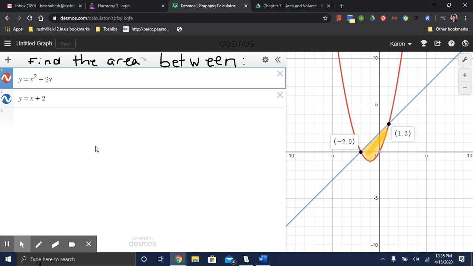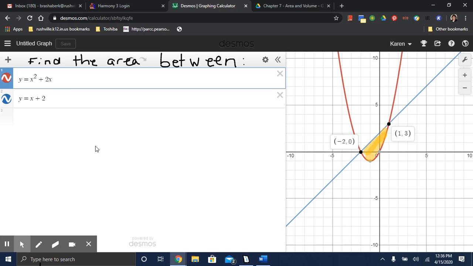All right, so our first example you see here on the screen, we're finding the area between y equals x squared plus 2x and y equals x plus 2. You might see one of them as f of x and the other as g of x. You just need to pay attention to the graphs and which curve visually is above the other.